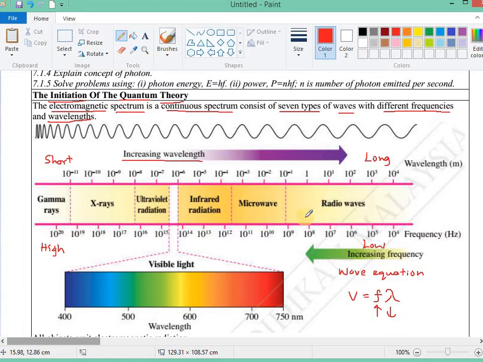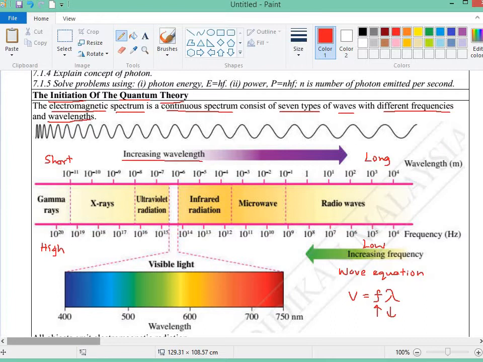They are all electromagnetic radiation. But we group them into different groups based on their application and their characteristics. Although they have different names, all of them are electromagnetic waves.